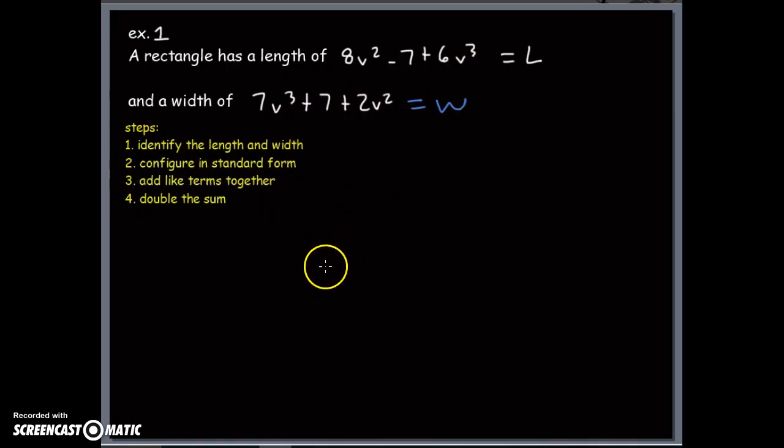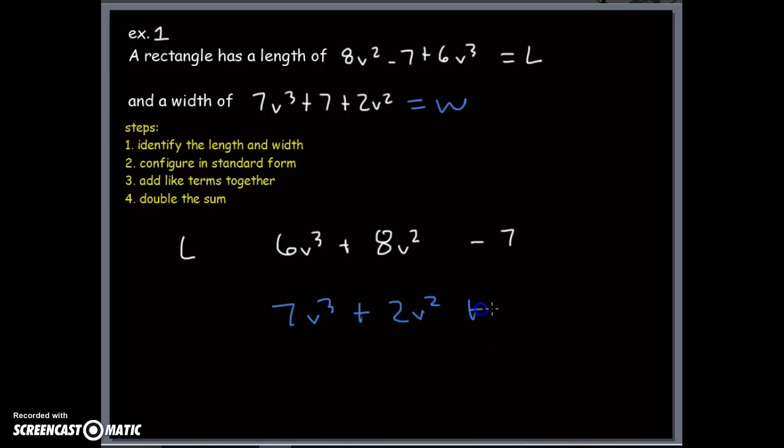Our length in standard form is 6v to the third, that is the highest power, plus 8v squared, plus or minus 7. I'll put the plus right here. And then our width for this example is 7v to the third. The next highest power is squared, so 2v squared plus 7.